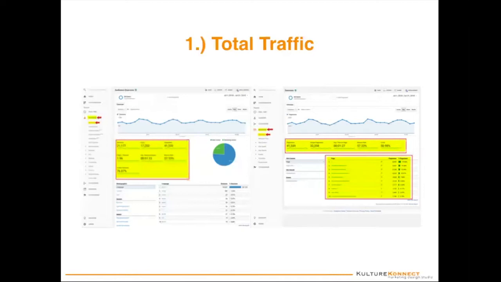Okay, so for those of you who don't know what a UTM link is, it is just a simple piece of code that you can attach to a URL or a link in order to track a source, a medium, or a campaign name. There are a few different ways in which you can set up a UTM link, but the most common is through Google URL Builder.